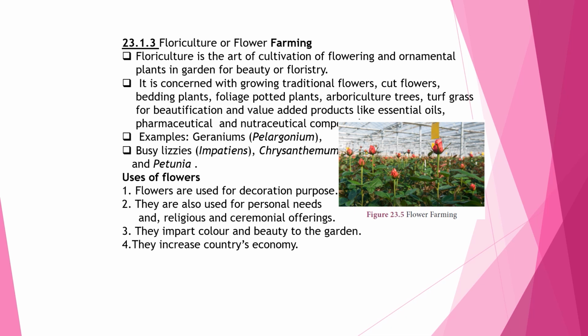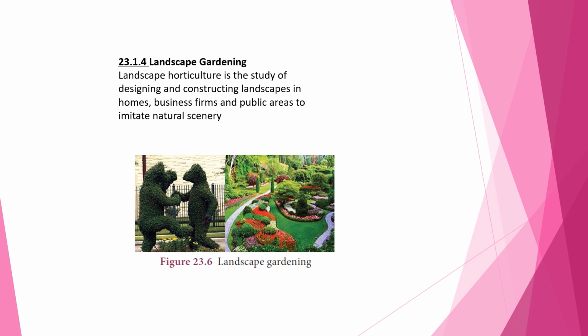Okay, the next one is landscape gardening. As I said, landscape horticulture is the study of designing and constructing landscape in home, business, farm and public areas to imitate natural scenery. What do you understand? See the figure. First one, two, what is that? Men like they are fighting, they are handshaking. That is actually a plant cut to this shape.